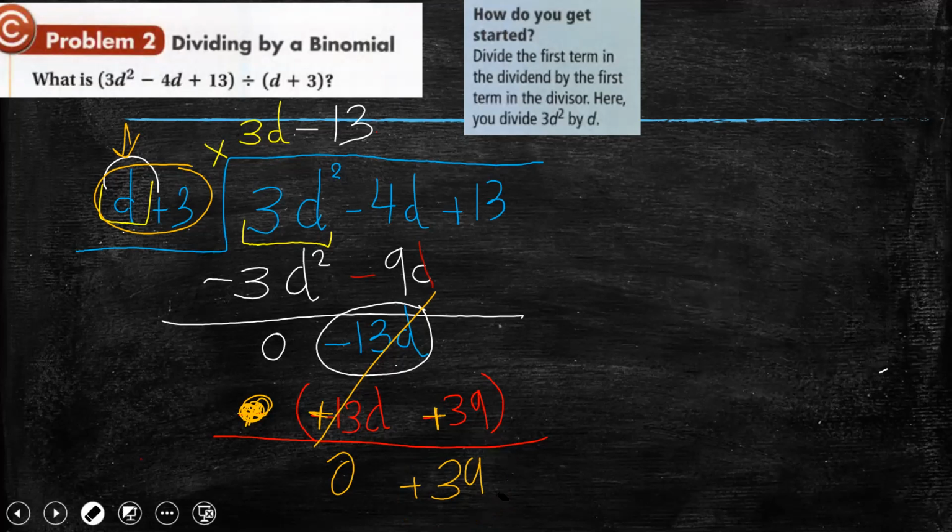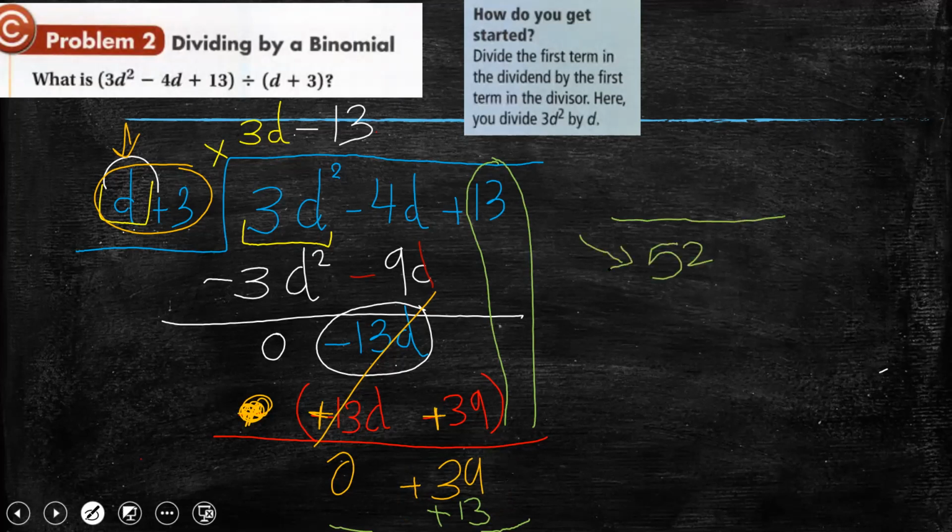Then here, so we have now positive 39. Now, since we end down here, look, did we have any constant? Yes, 13. Add it down. 39 plus 13, 52. Yes. So here I end now with 52.